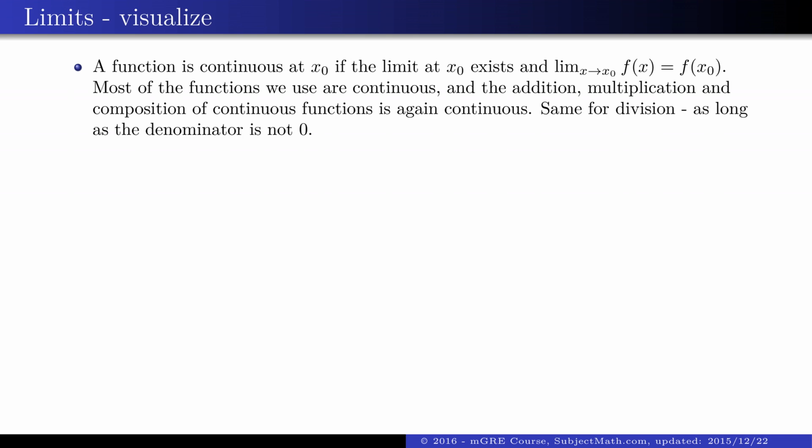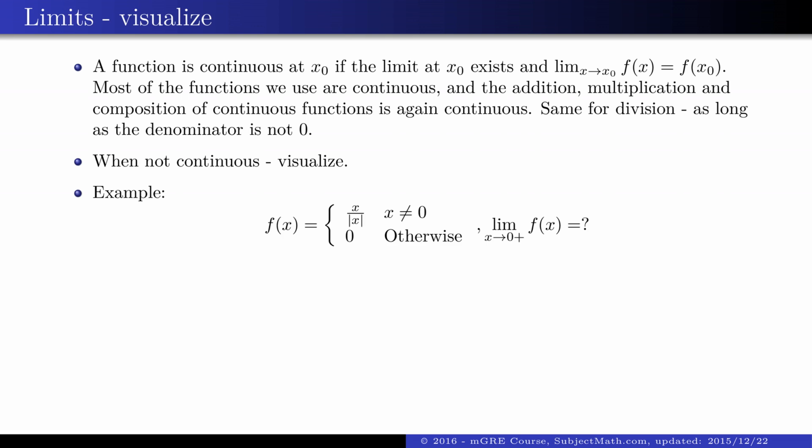Something weird has to happen in order for a function not to be continuous, like division by zero or pasting two functions together without much care. In many cases, even when a function is not continuous, we can still visualize the one-directional limits.